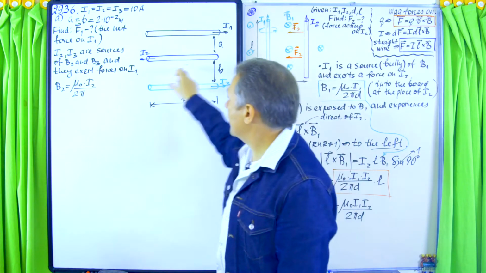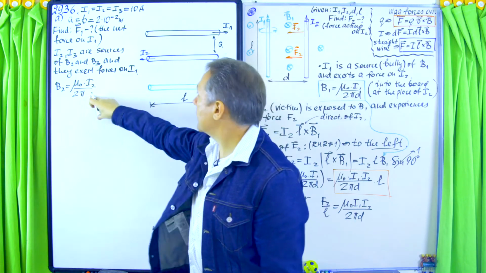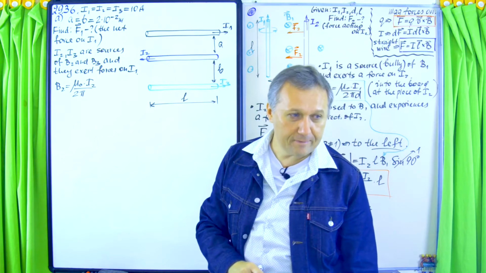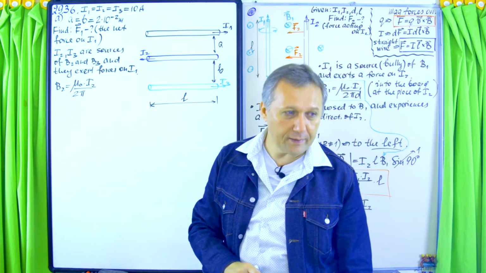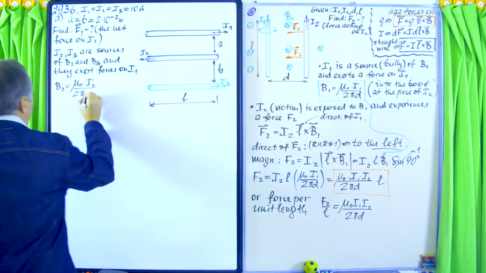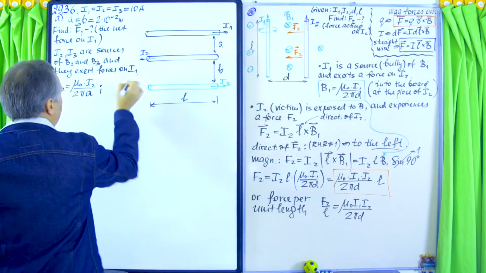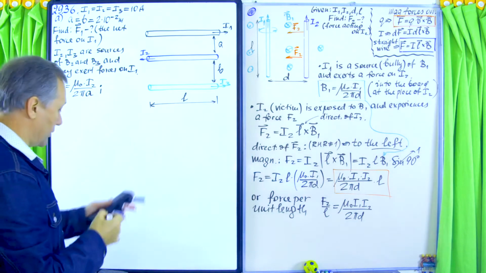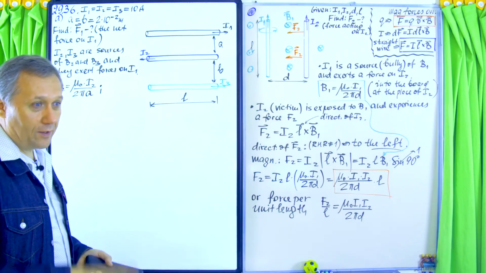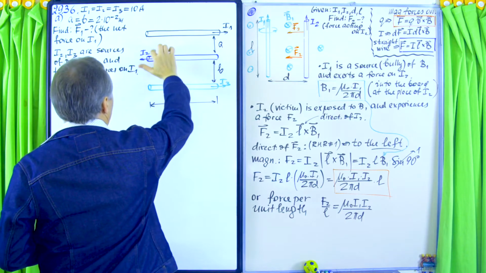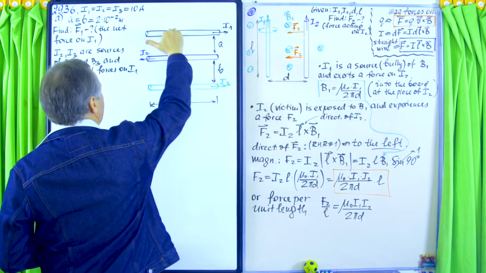So for the second wire, for this magnetic field, of course, we need to use this distance A. So it will be divided by 2 pi A. And direction, let me write over here next to this. Direction, how can we find direction? Right hand rule number 2, right?